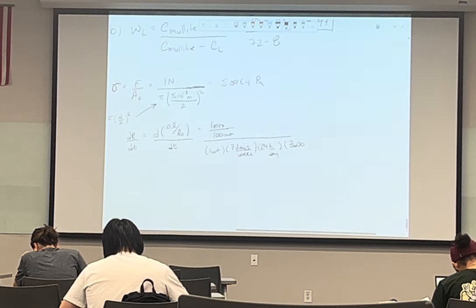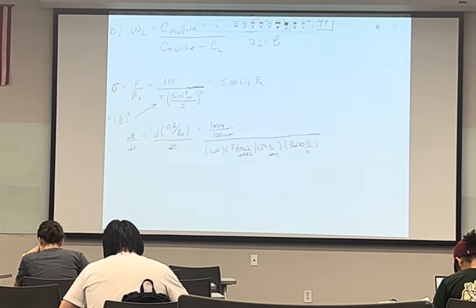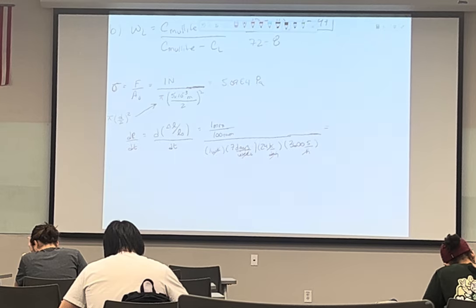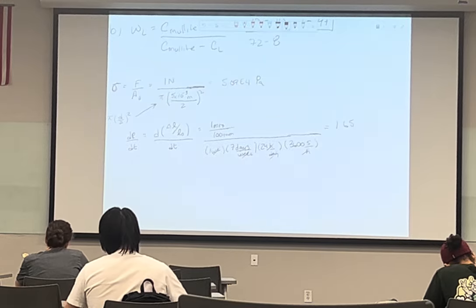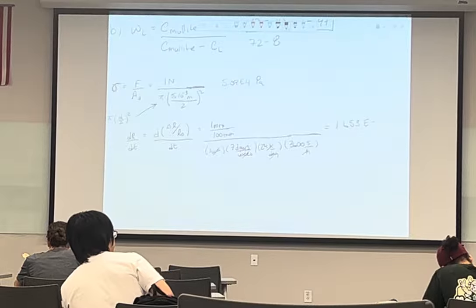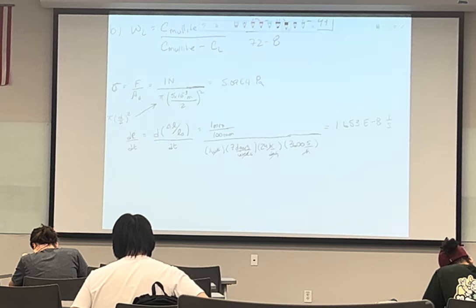And then we know that we have 3,600 seconds per hour. As you see, you can just go through and start canceling units. When you do this multiplication, you end up with units of inverse seconds, and that calculation should come out to be about 1.653 times 10 to the negative 8 inverse seconds.